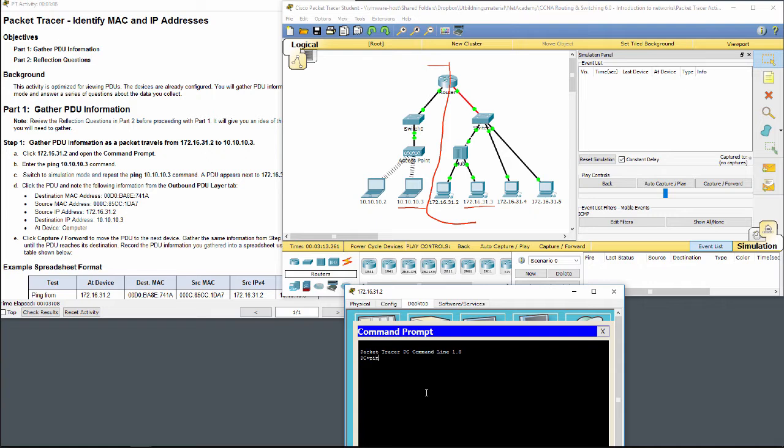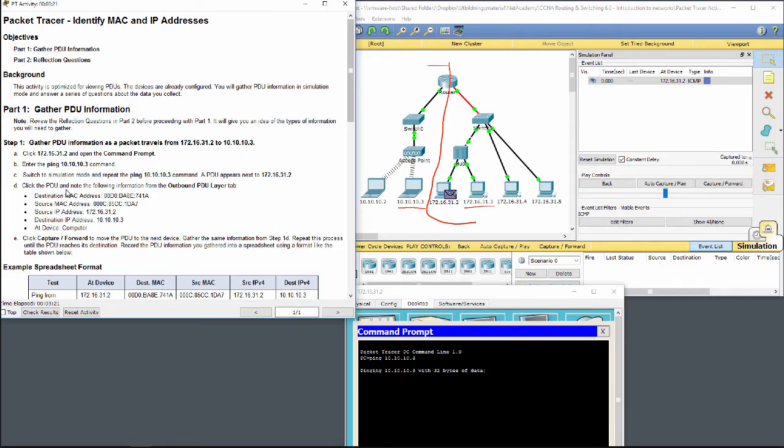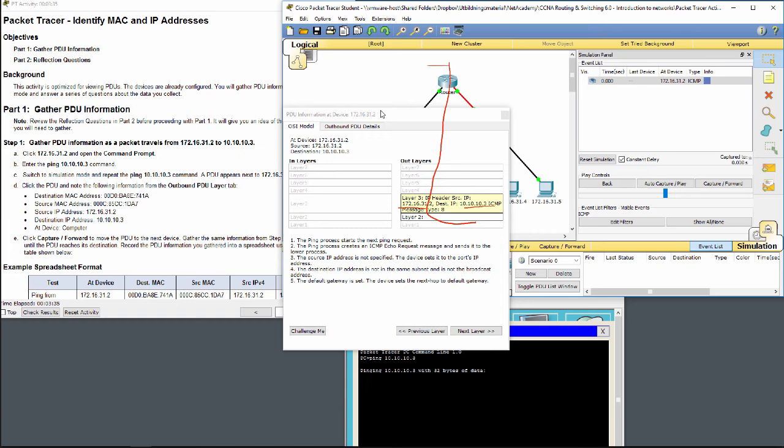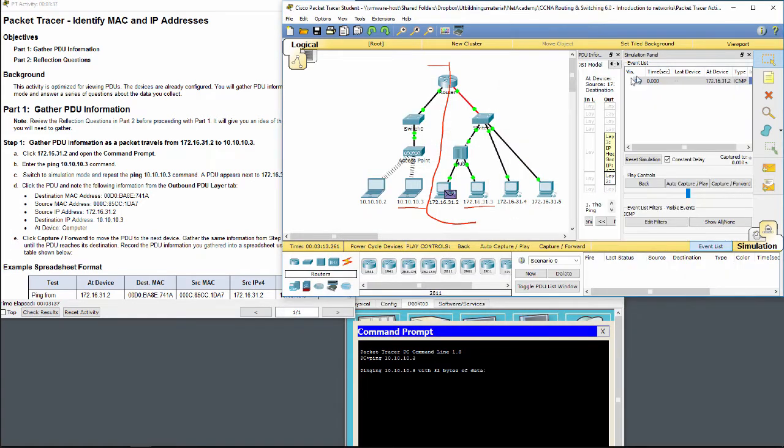And we do a ping 10.10.10.3, and we see that there's a PDU here. And let's see what we are asked to do. Click on the PDU and note the following information from the outbound PDU layer tab.